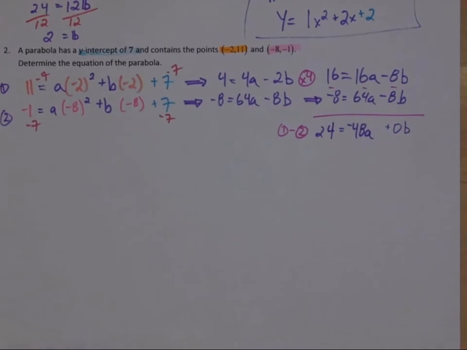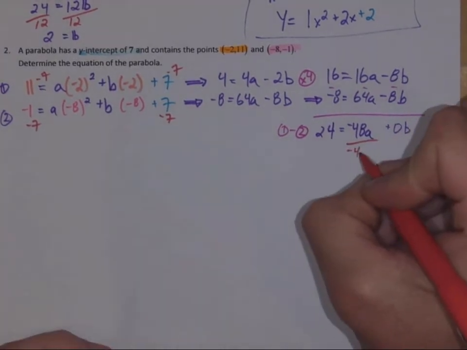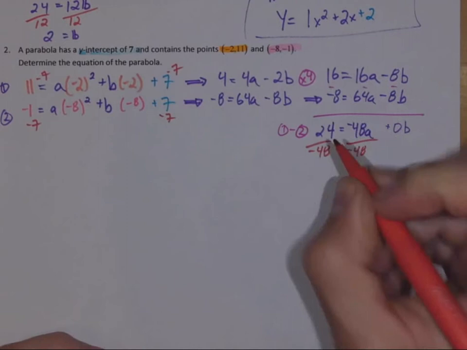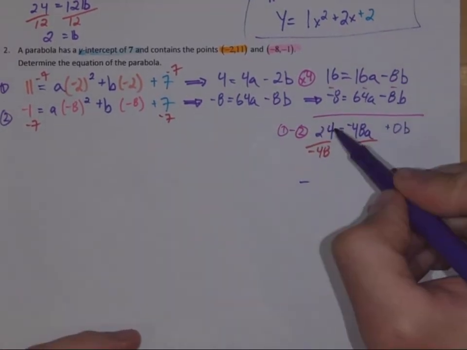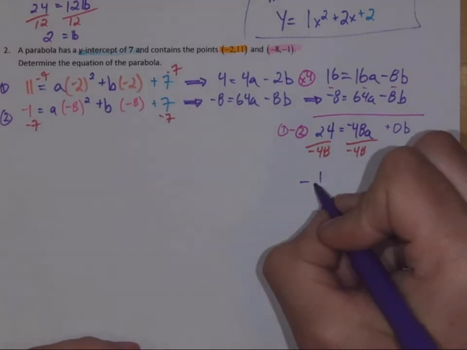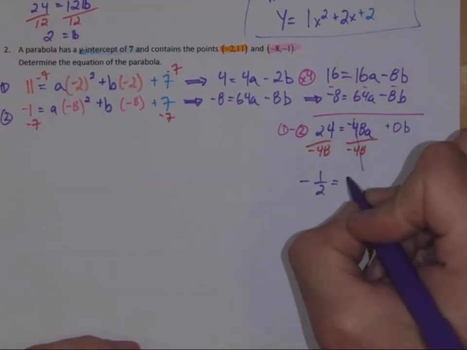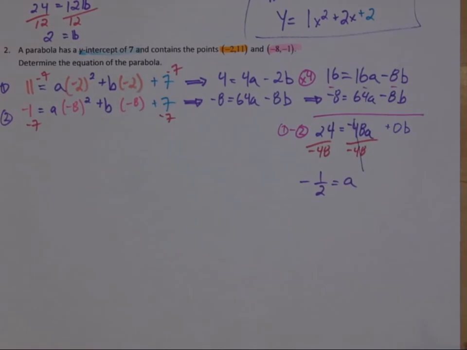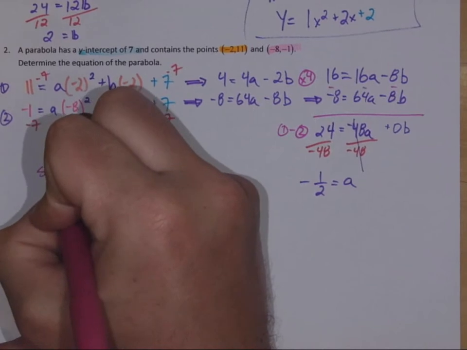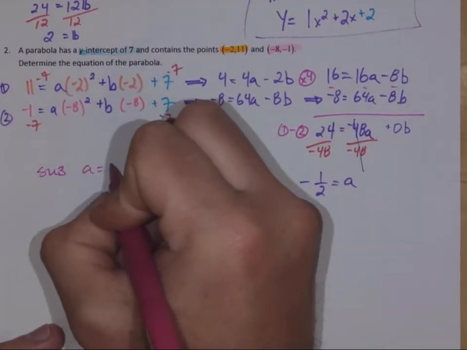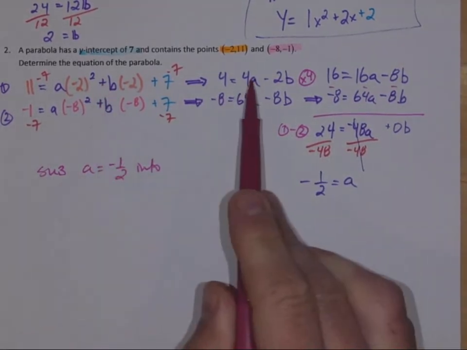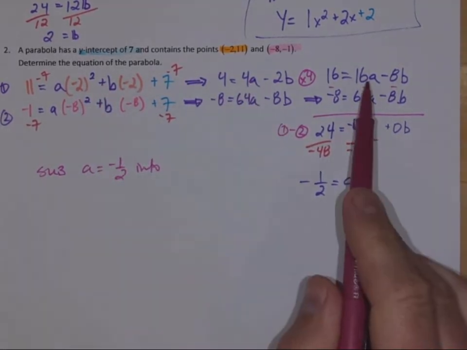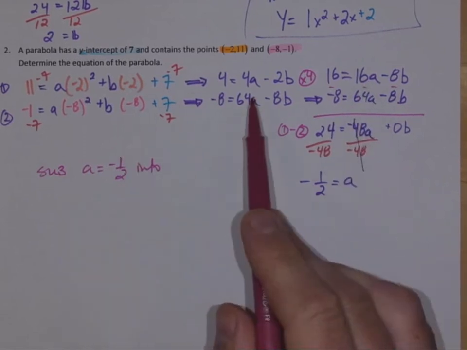Okay, let's isolate and solve. Positive divided by negative, negative. 24 over 48 reduces to the fraction 1/2. And that is my value for A. Again, I can now take that, sub that A equals negative 1/2 into original 1, simplified 1, larger 1, original 2, simplified 2.